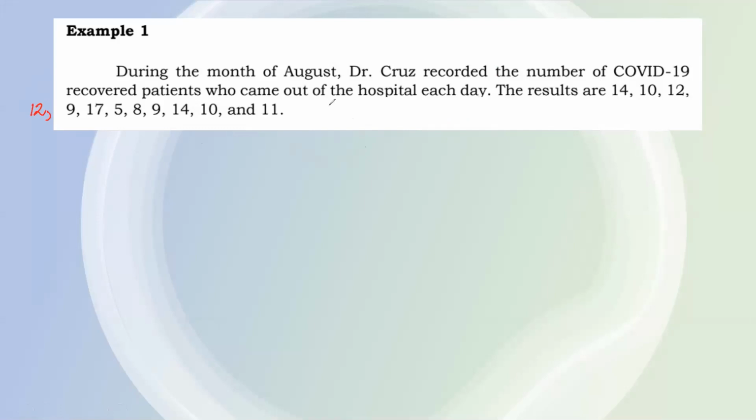So we have na 5, sunod sa 5, 8, 9, 9, 9, 10, 10, then we have 11, 12, 12, 14, 14, 17. 1, 2, 3, 4, 5, 6, 7, 8, 9, 10, 11, 12. So 12 na yung data natin.